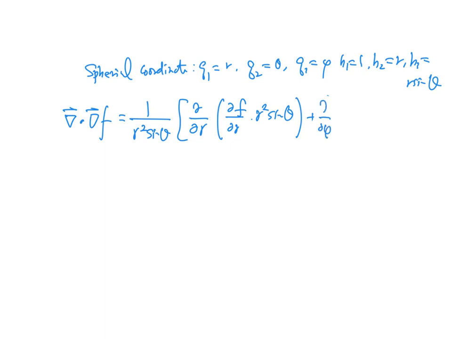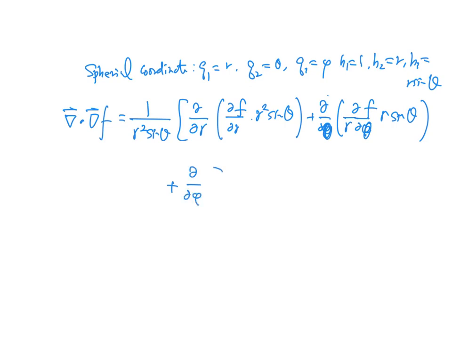Partial theta partial 1 over R, partial theta partial F, right? And H3, H1 is R sine theta. Because 2, 3, 1. So H3, H1 is R sine theta. Plus phi, sorry. This is phi.